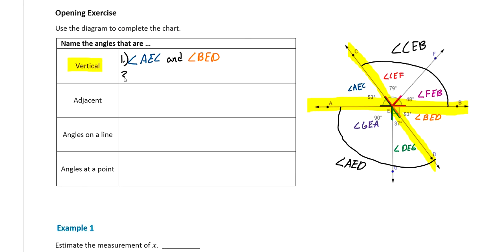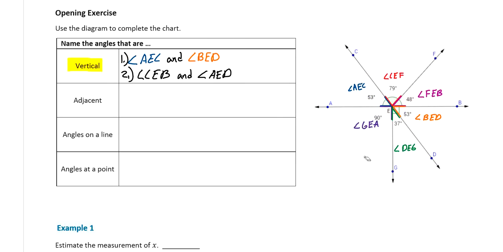So you would say angle CEB and angle AED are vertically opposite. So already saw that.